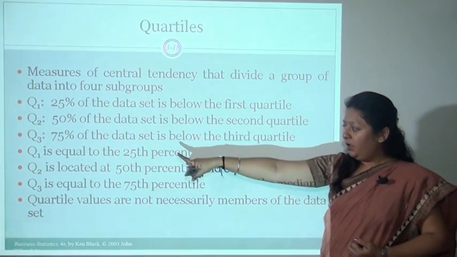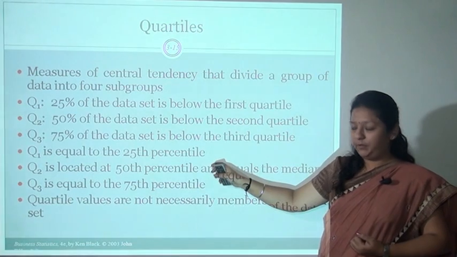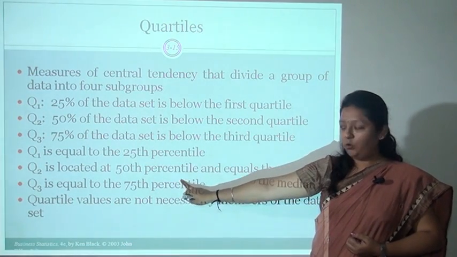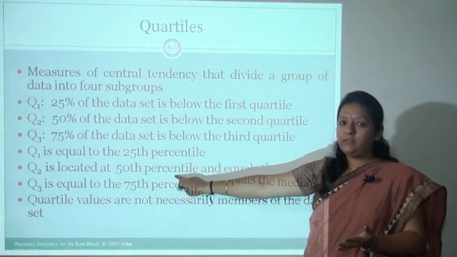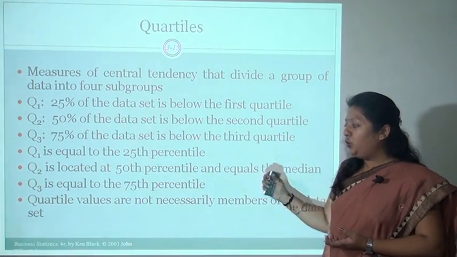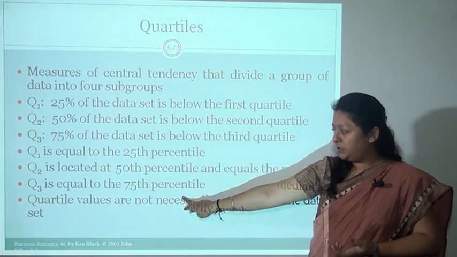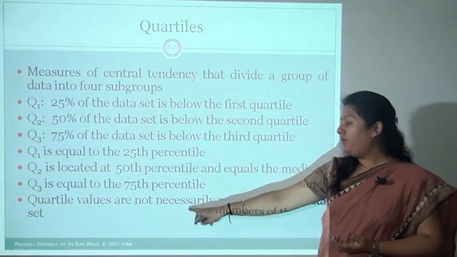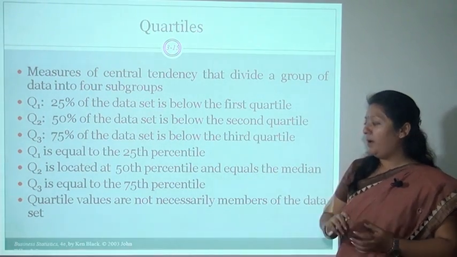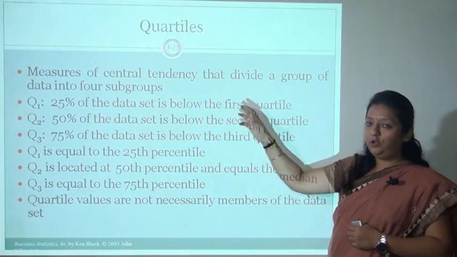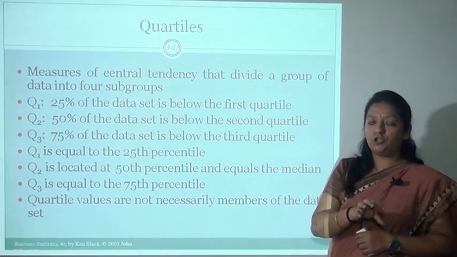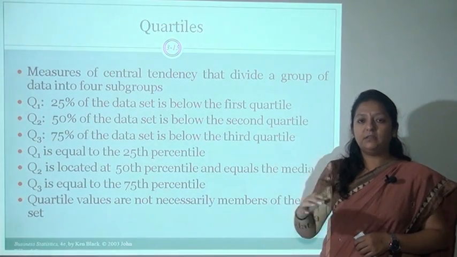Now Q1 is equal to the 25th percentile, Q2 is located at the place of the median as well as the 50th percentile, and Q3 is equal to the 75th percentile. All the values are not necessarily members of the data set. So you can understand the value of all three quartiles and their positions in the data set.